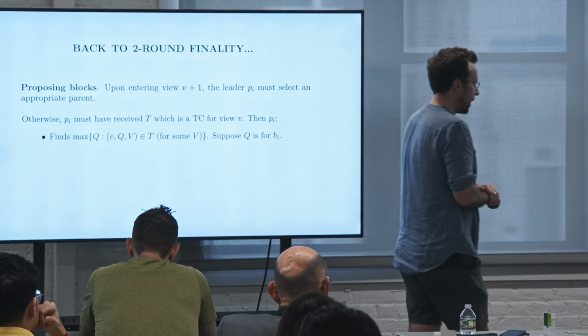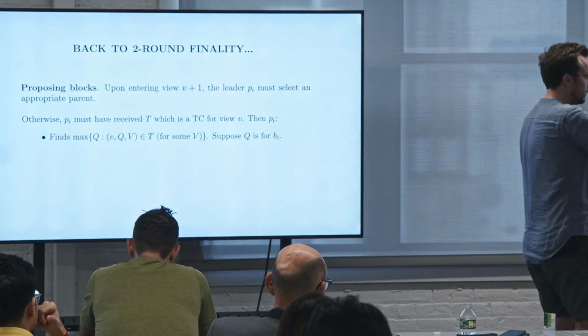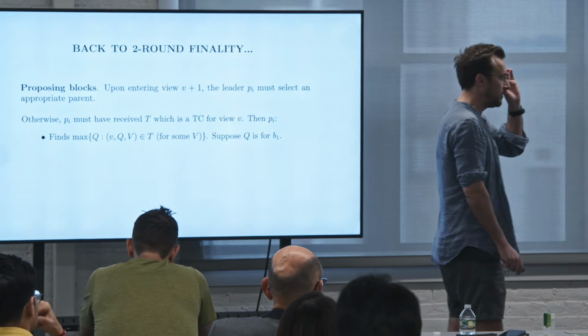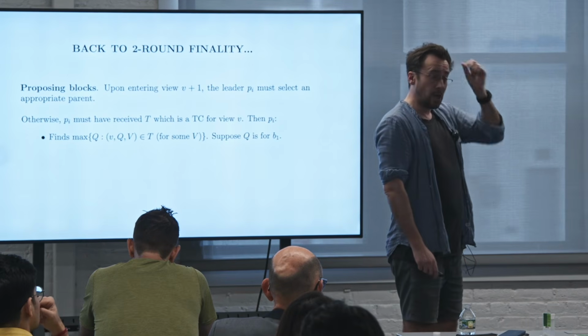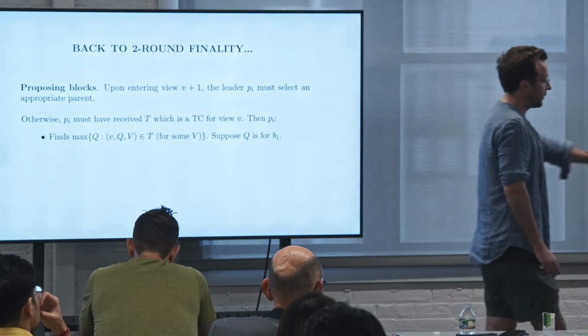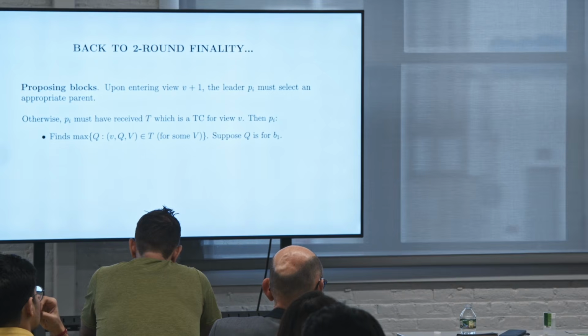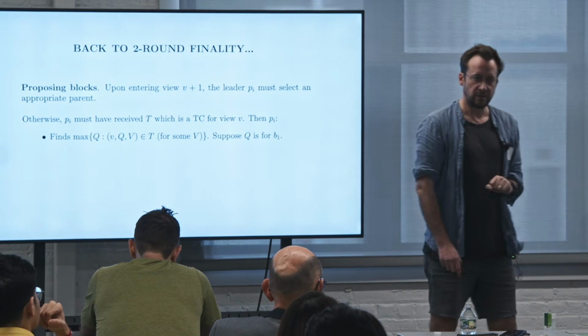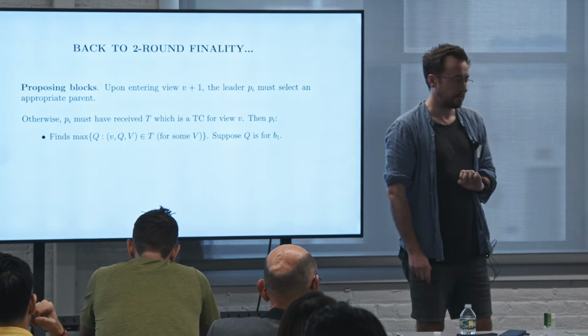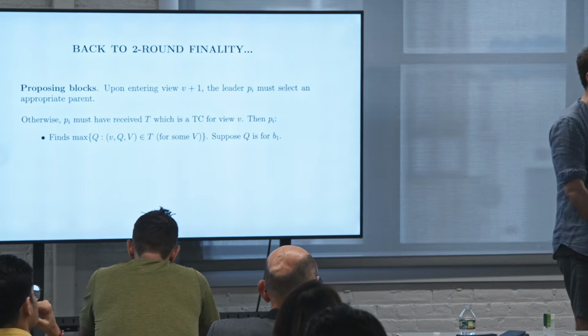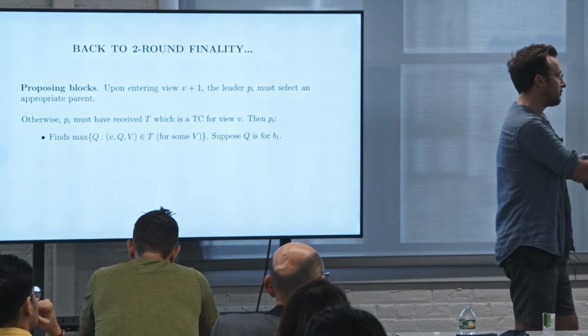Otherwise, p_i, this leader, must have received T, which is a TC for view V. So what does p_i do then? First, it finds the maximum QC included in any of the timeout messages in the TC. Suppose that QC is for block B1. That's what it did before.